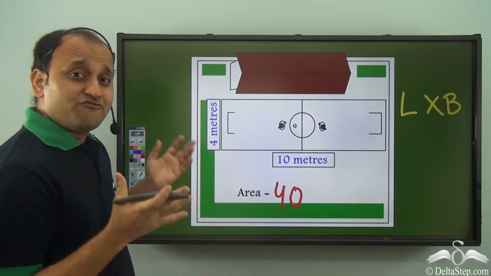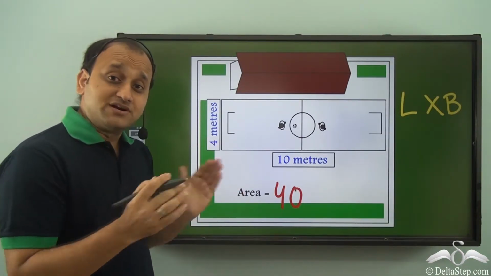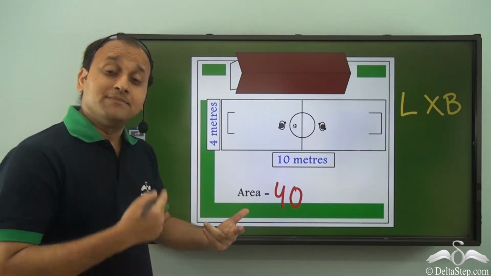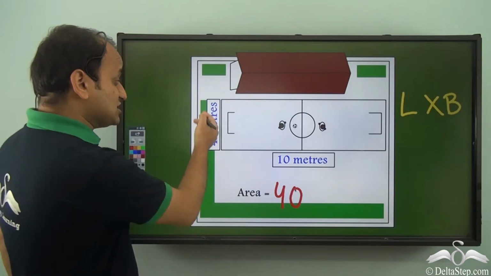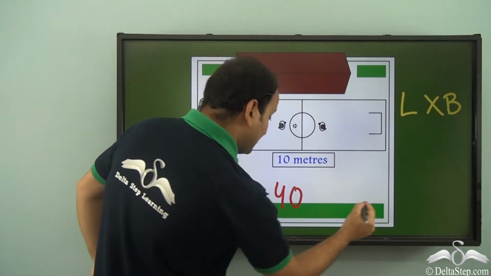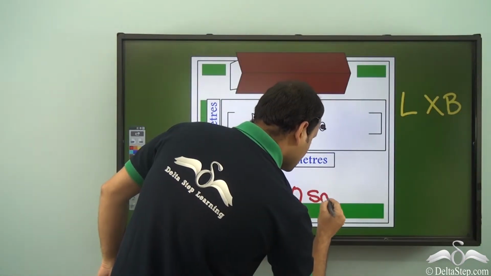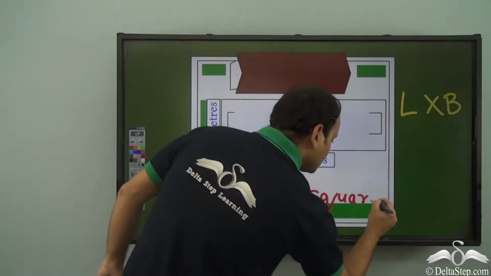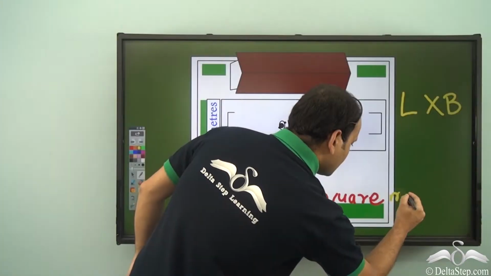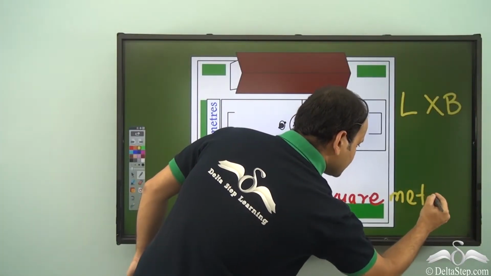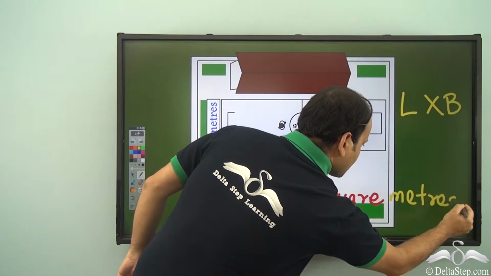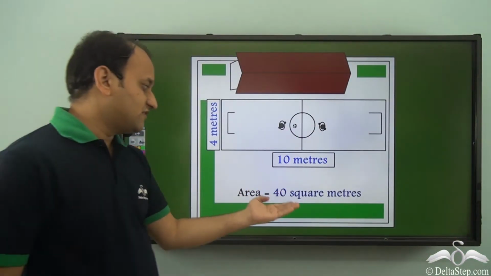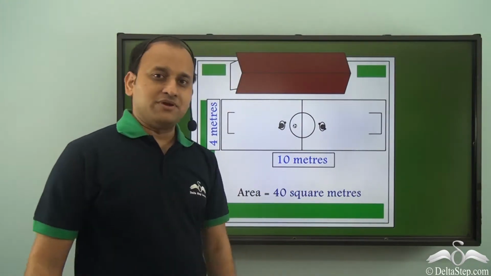So whenever we multiply two numbers with same units, then their units become square units. So in this case we have meters. So unit will be square meters. So in this case the answer will be 40 square meters.